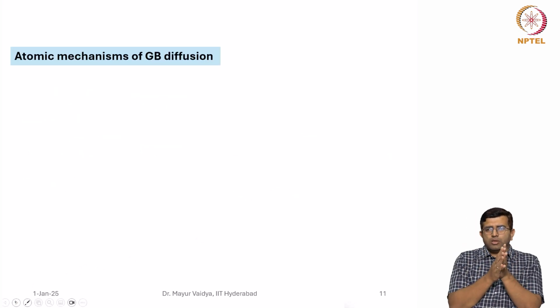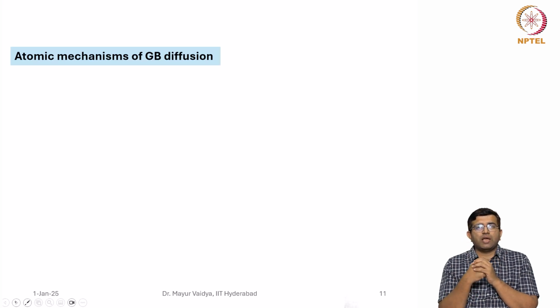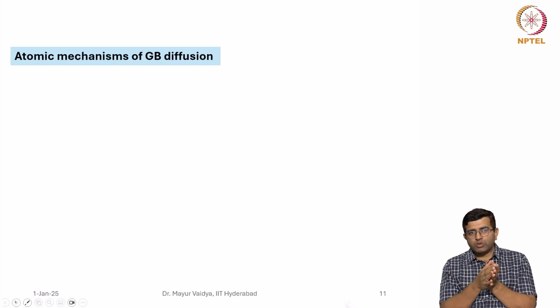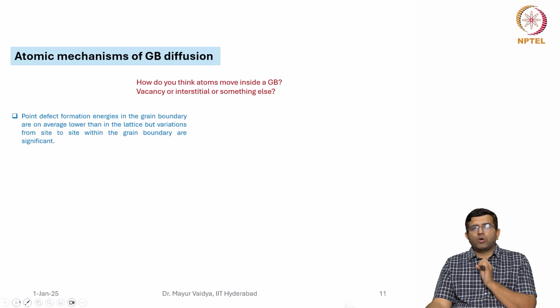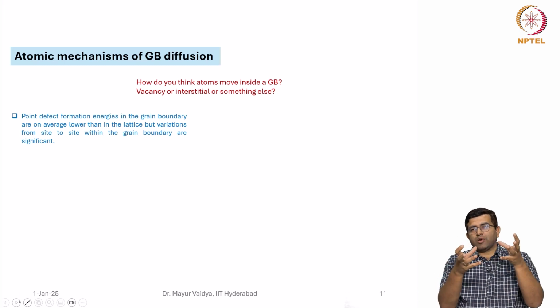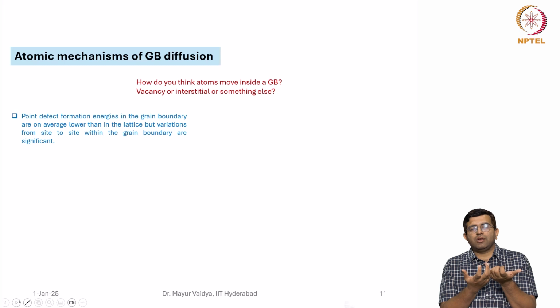In the last couple of minutes, I just want to throw some insights on what the atomic mechanisms of grain boundary diffusion are. Now, inside the grain boundary, how do you think the atoms move? Is it vacancy or interstitials or something else? Usually, because in the grain boundaries you do not have a periodic arrangement like a lattice, a vacancy within a grain boundary is much easier to create than within the grain.